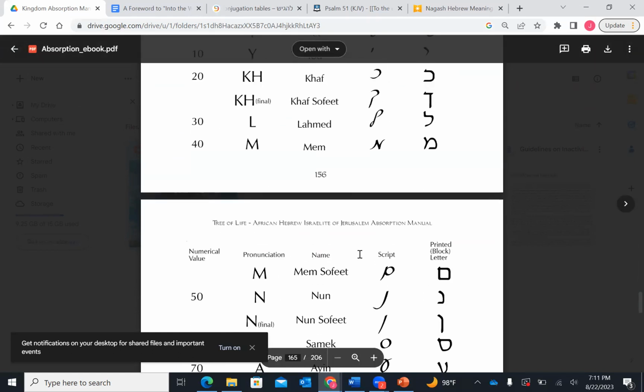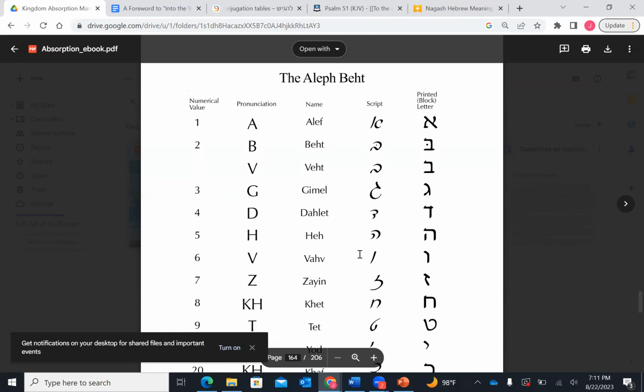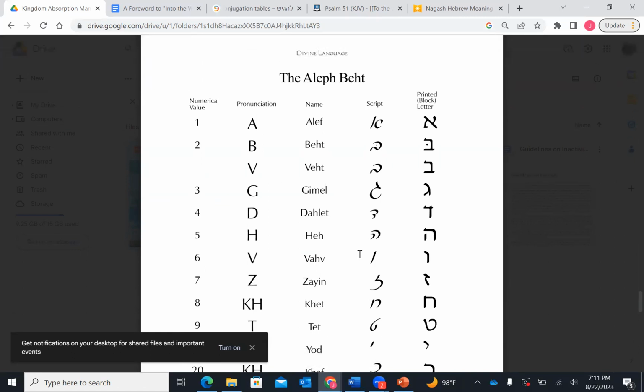Whose kingdom? Okay, so the Israelite organization that I'm affiliated with, or that most of us on the call are familiar with, calls themselves the Kingdom of Yah.